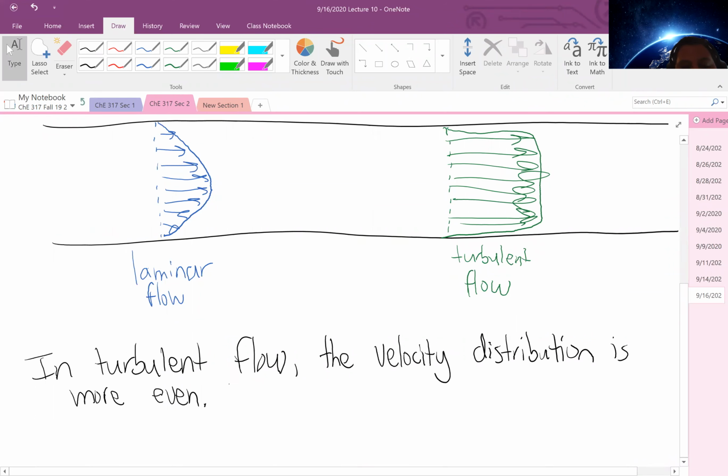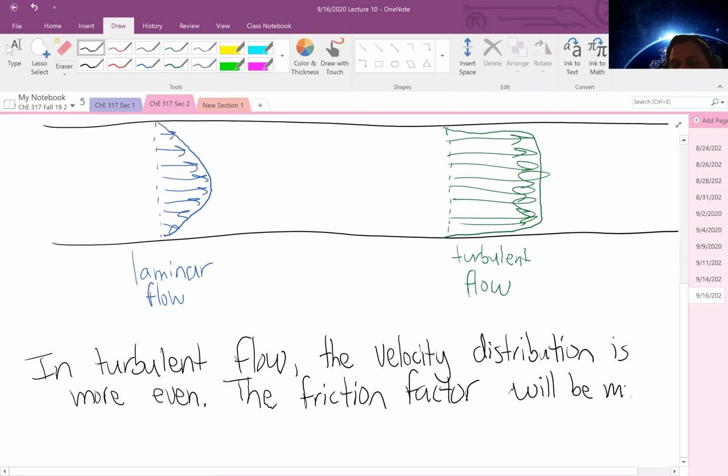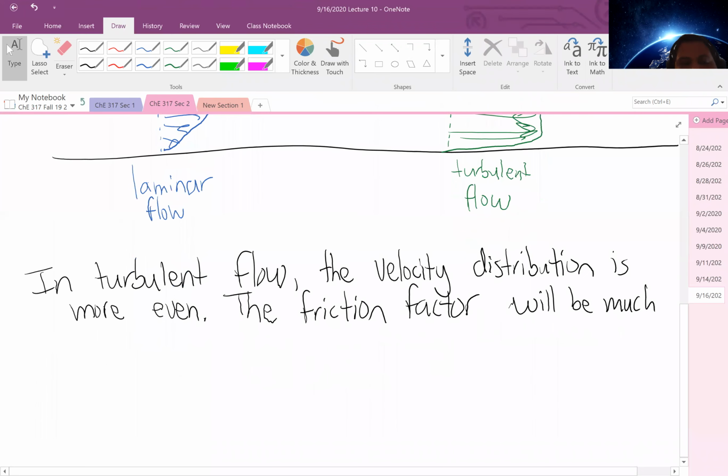What we find based on that is that the friction factor that we use to determine our frictional dissipation will be much lower in turbulent flow as compared to laminar flow.